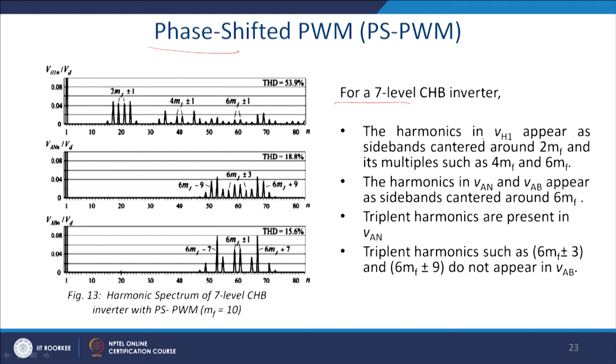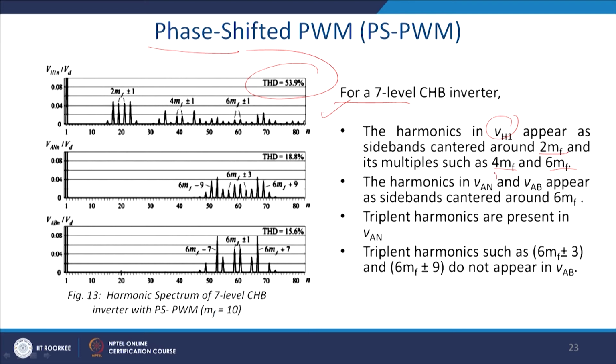The harmonics in VH1 appear as sidebands containing 2Mf and multiples of 4Mf, 6Mf and so on. This is the case, and you can see that the voltage harmonic is as high as 53%. Thereafter, if you feed it to the machines, the machine longevity will be one third.